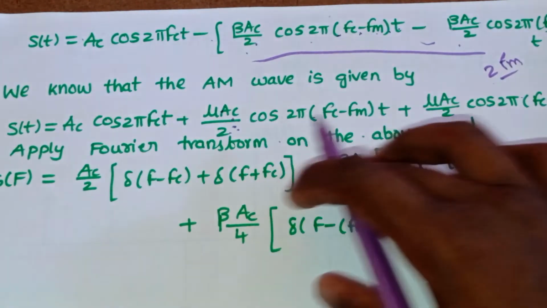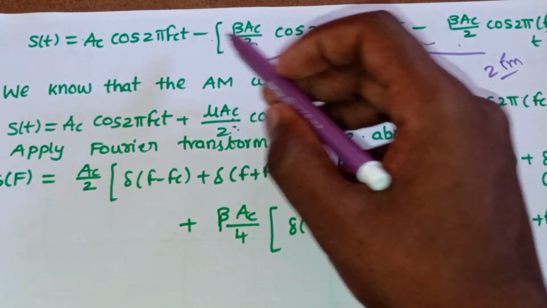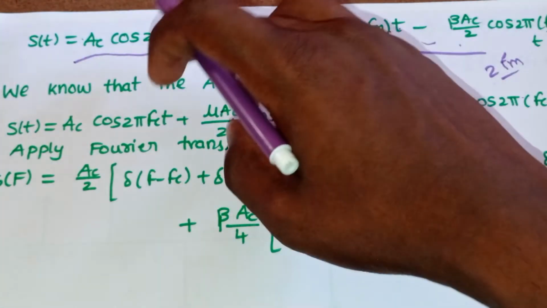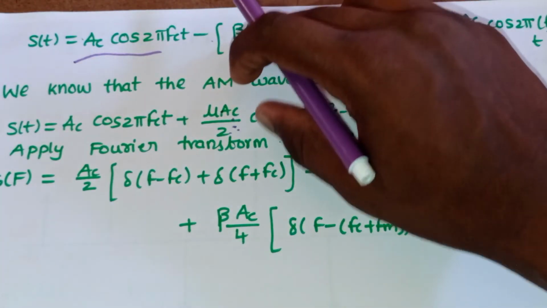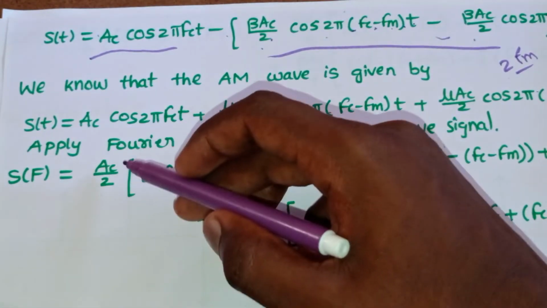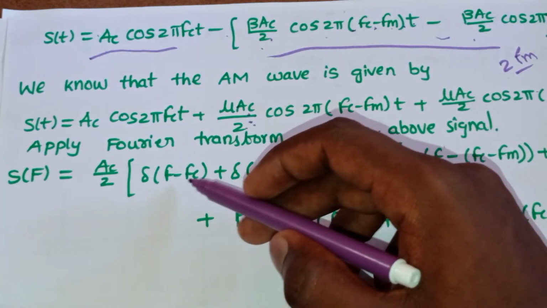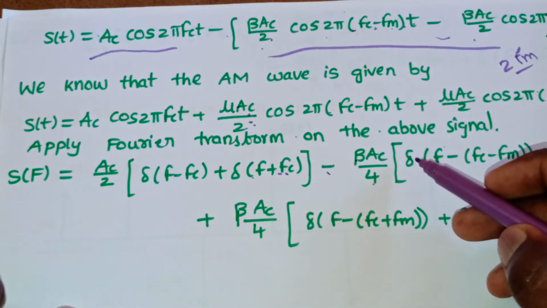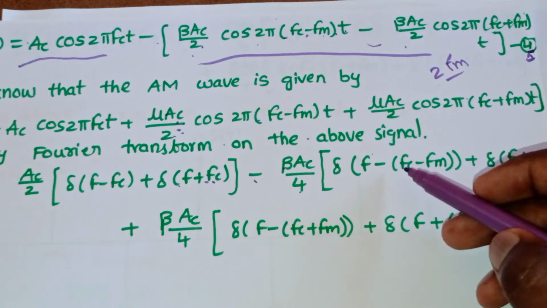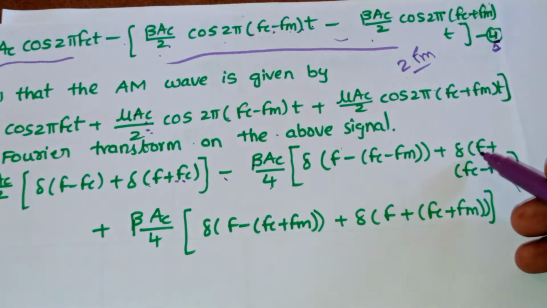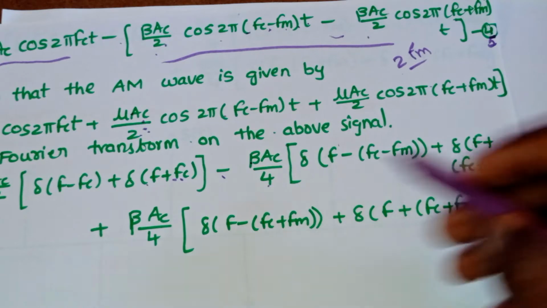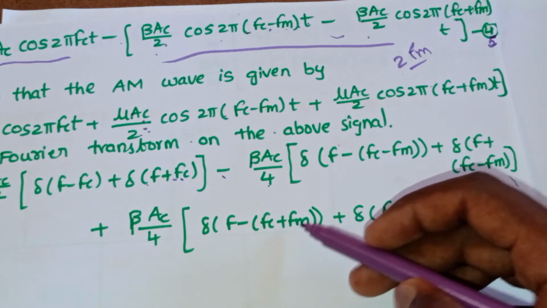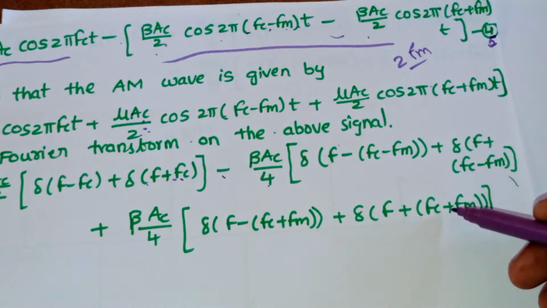Now apply the Fourier transform on the above signal. The above signal is nothing but the narrowband FM signal. If we apply the Fourier transform on this signal, then we get S of f is equal to Ac by 2 into delta of (f minus fc) plus delta of (f plus fc), minus beta Ac by 4 into delta of (f minus fc minus fm) plus delta of (f plus fc minus fm), plus beta Ac by 4 into delta of (f minus fc plus fm) plus delta of (f plus fc plus fm).